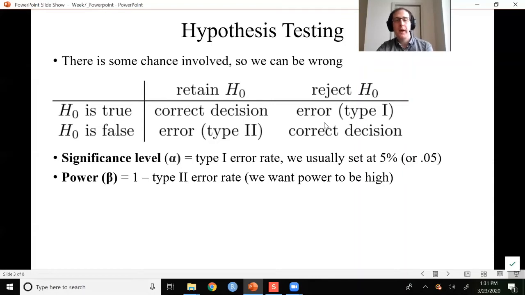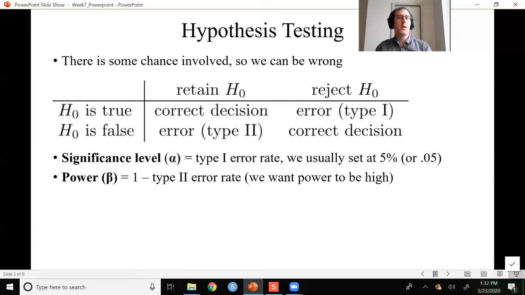So let's say that we have 80% power in a study. Then there would be a 20% type 2 error rate, which would basically mean if we run the study that specific way, 80% of the time, we would find that the hypothesis is supported if there really is an effect in the population, and 20% of the time, we would not.